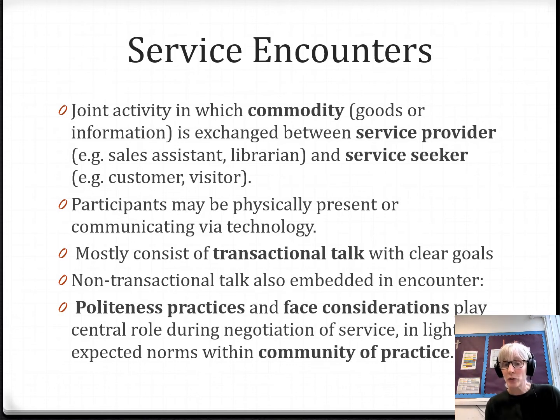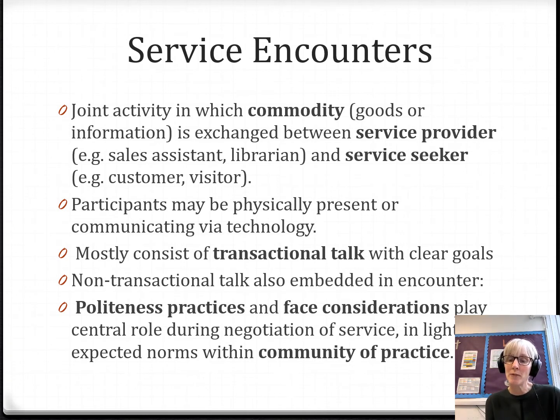Like lots of occupational discourse, it's transactional with clear goals. However, because it's two people speaking to each other, there often is some non-transactional talk embedded. Politeness practices and face considerations play a really important role when you're negotiating service, and that can differ depending on what the expected norms are within different communities of practice.